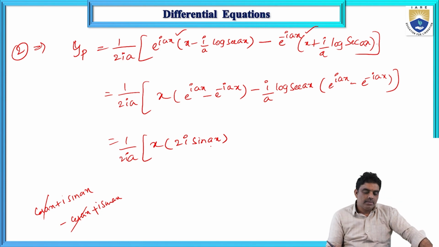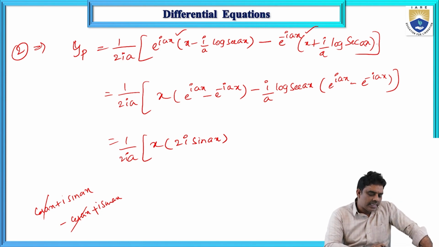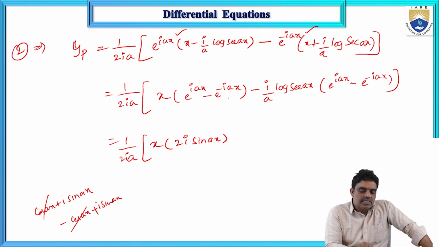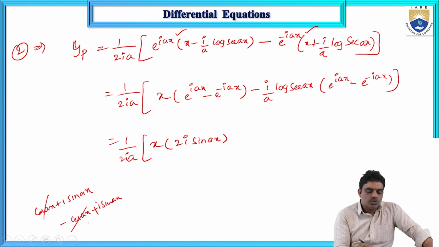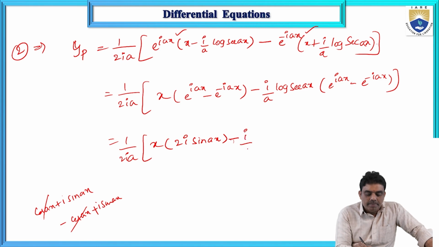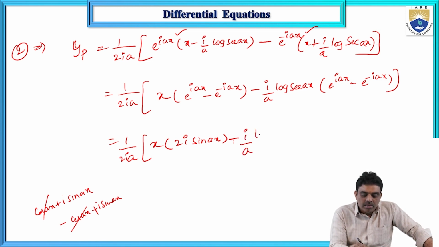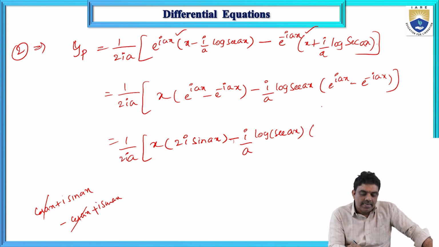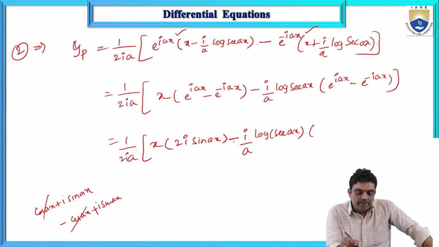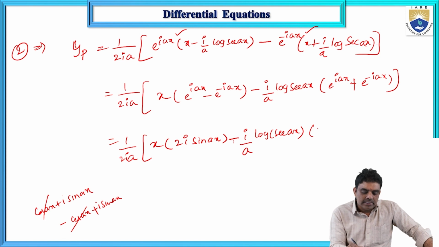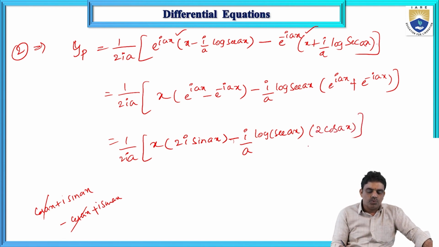I'm simplifying the term in the bracket: cos ax plus i sin ax minus cos ax plus i sin ax, this is 2i sin ax, minus i by a, log secant ax. So minus on taking outside, you'll get the plus sign here, and this is equal to 2 cos ax.